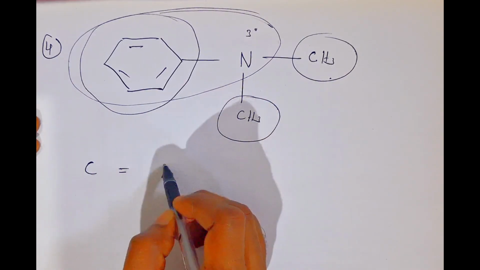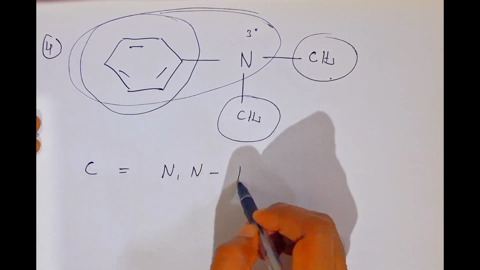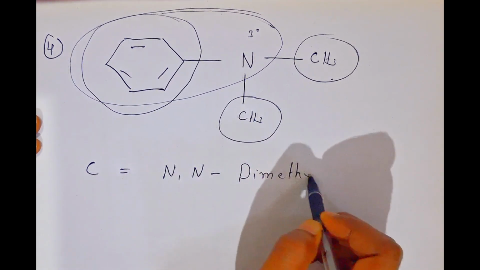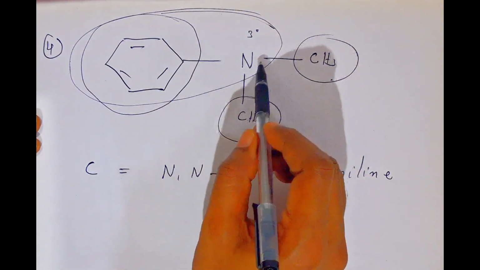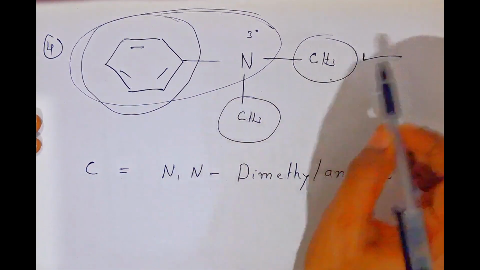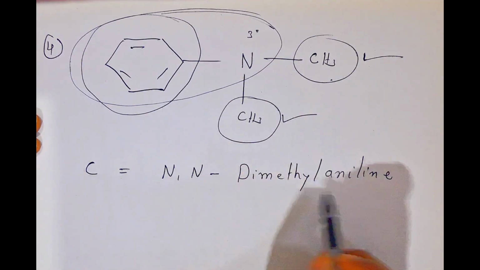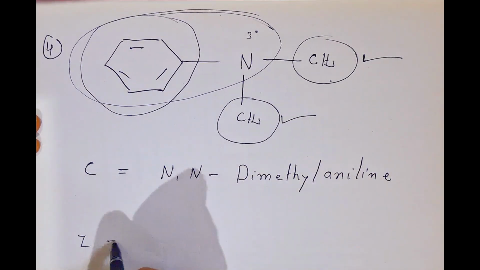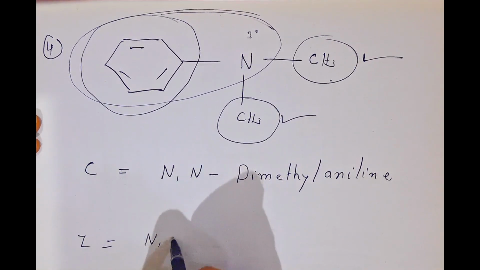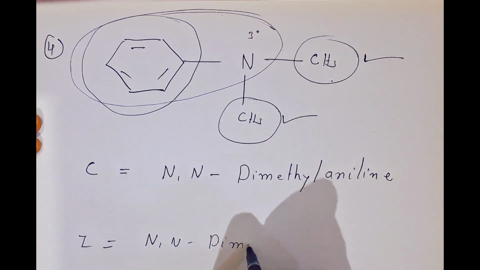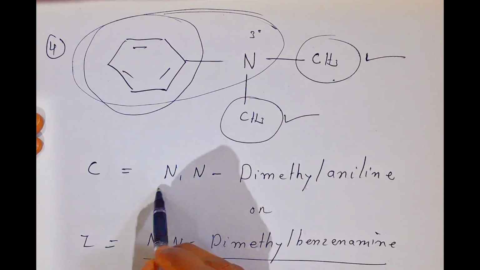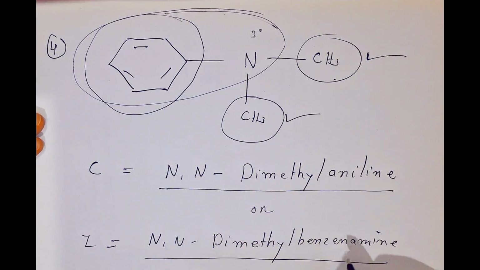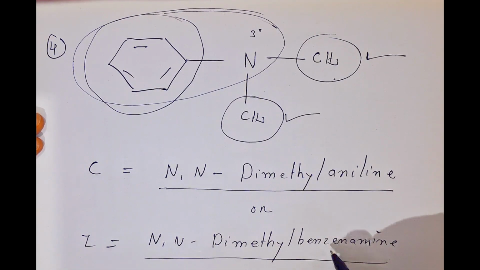So it is called N,N-dimethyl aniline. Both hydrogens of this aniline are replaced by methyl groups. In the IUPAC system, it is also called N,N-dimethyl benzenamine. Both are the same, students.